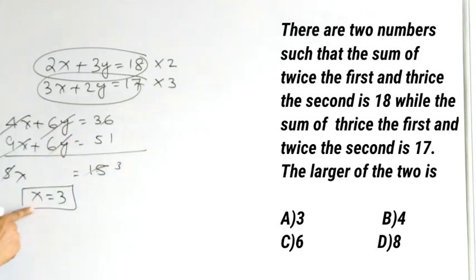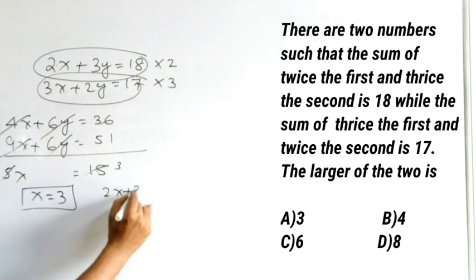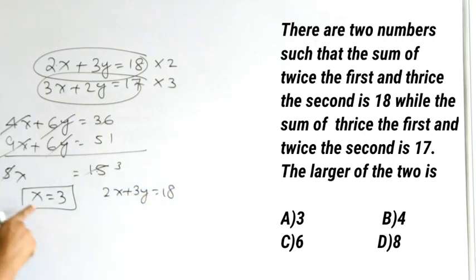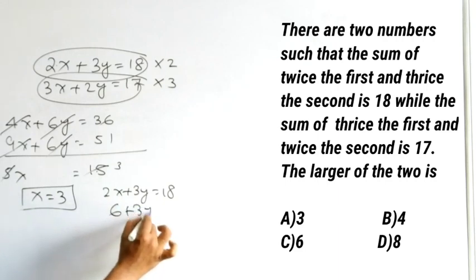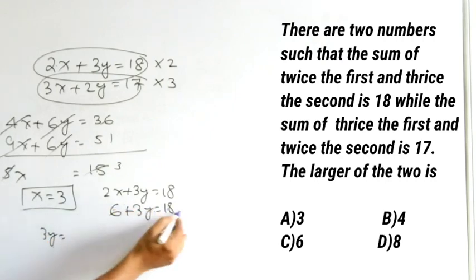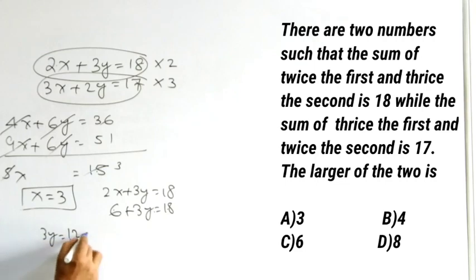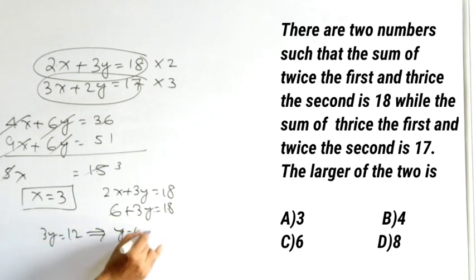I got the value of x. Put the value of x in any one of these equations to get the value of y. Let me put it in the first equation: 2x + 3y = 18. With x = 3, 2 into 3 gives 6, so 6 + 3y = 18. 3y = 18 minus 6, which is 12. 3y = 12, so y = 4.